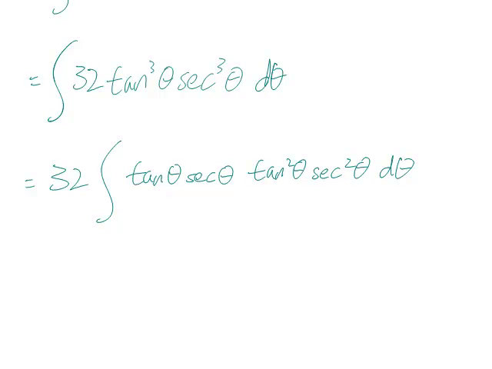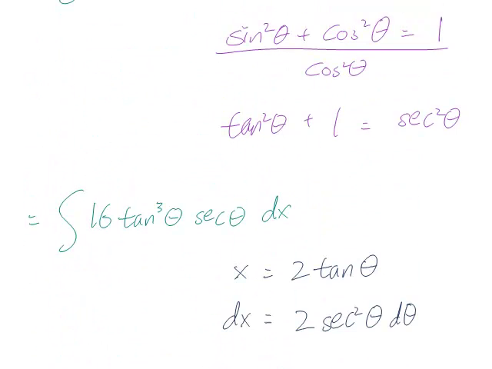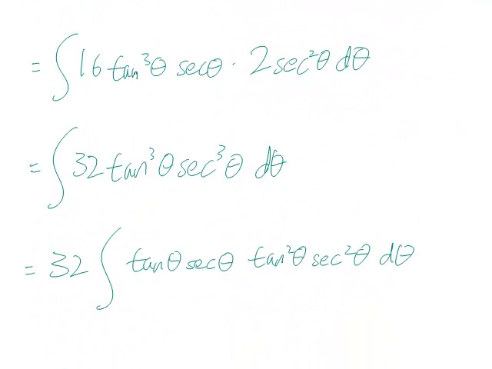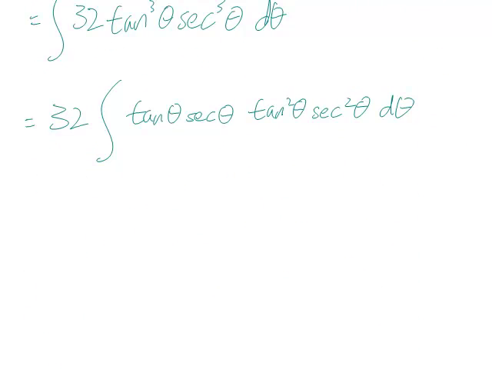And one reason why I'm doing that is because remember that tangent and secant, or at least their squares, are related through this trig identity: tan squared plus 1 equals secant squared. So what I'm going to do is rewrite tangent squared in terms of secant squared.